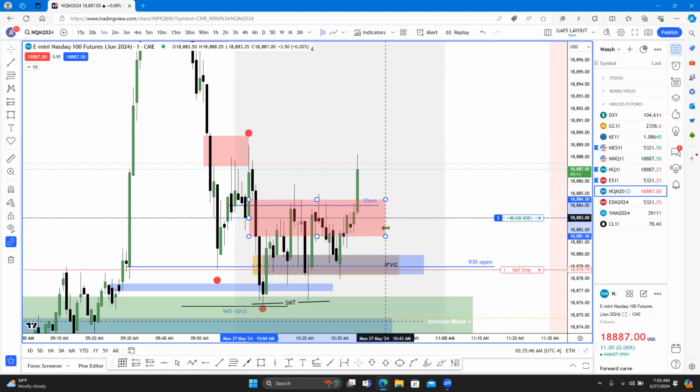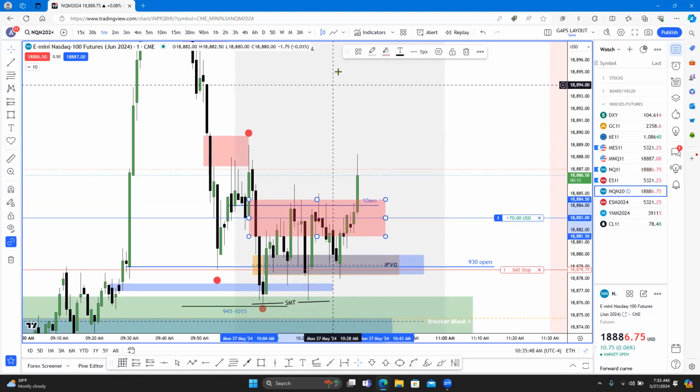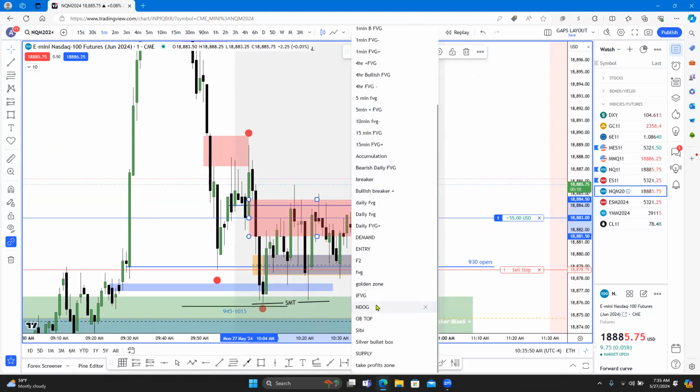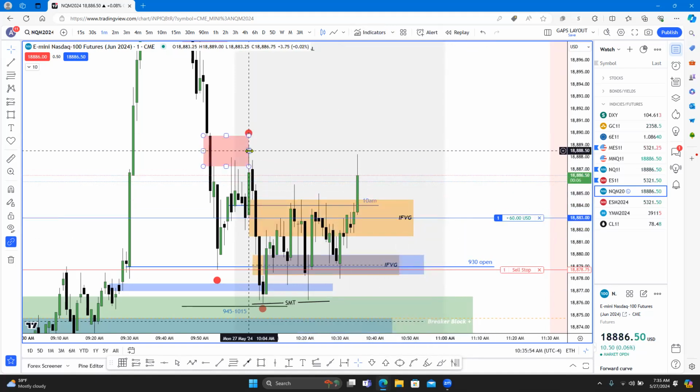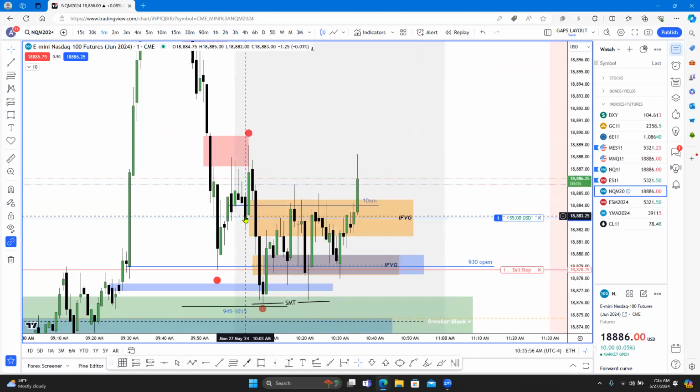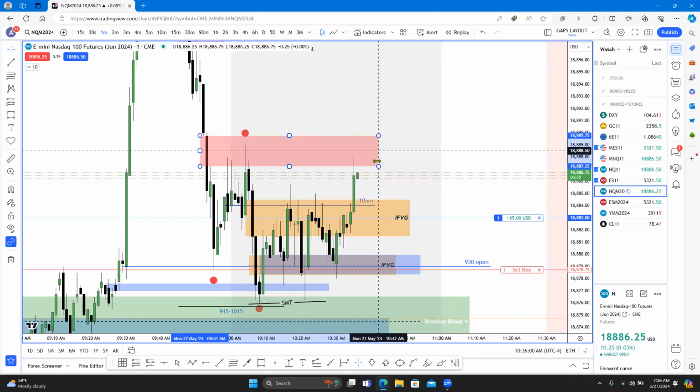So if we can close above here, this could potentially be an inversion. And then our next checkpoint is this, right? Up close candle as our breaker.